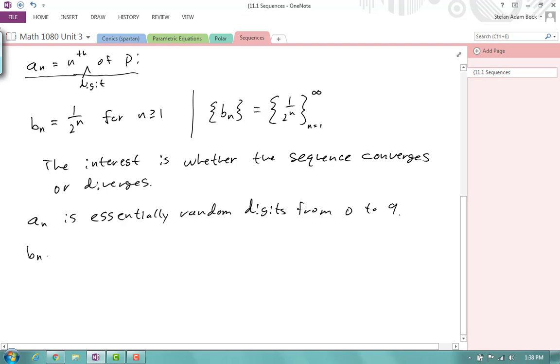b sub n, however, is a lot more controlled. Because if I start at 1, this is 1/2, 1/4, 1/8, 1/16, 1/32, dot, dot, dot. We can tell that they're clearly shrinking. They're getting smaller and smaller fractions every time because I have a 1 in the numerator and large numbers in the denominator.